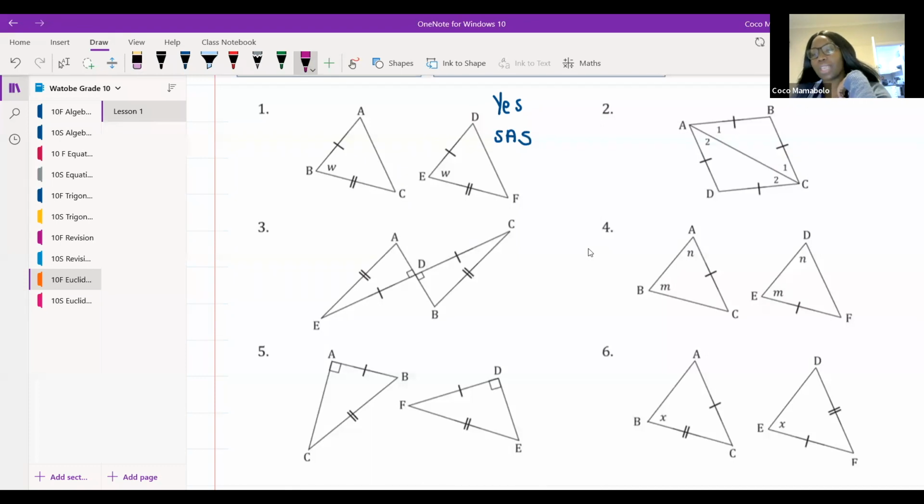Think about it. They're telling me that this side is equal to that side. You agree with me? Yes, ma'am. And this side is also equal to that side. Agree? Yes, ma'am. Anything else that we can look at here? What do you notice about this side over here?